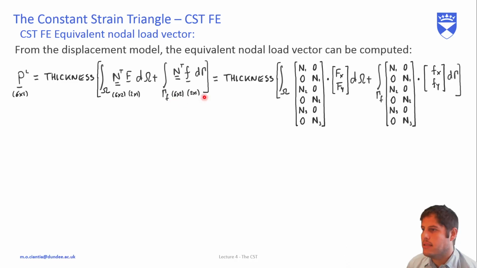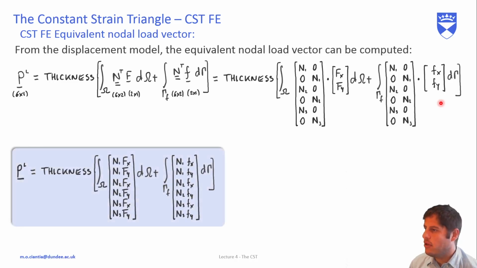So if we have f in 2D, fx and fy, we substitute the N function transposed as defined in the previous slides. If you do this multiplication, you obtain that the equivalent nodal load vector looks like this for volume forces and for surface loads.